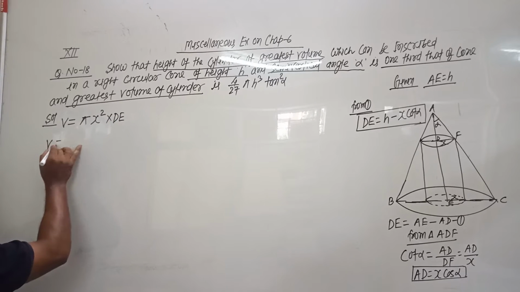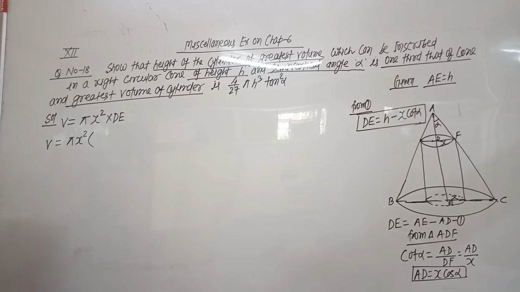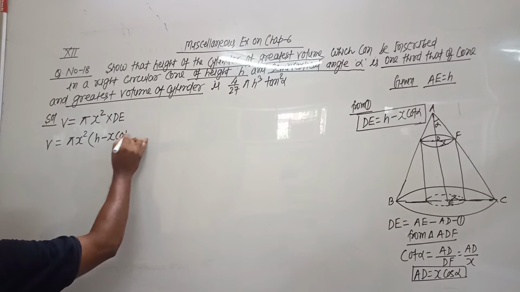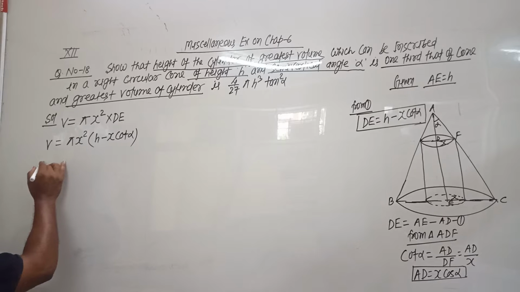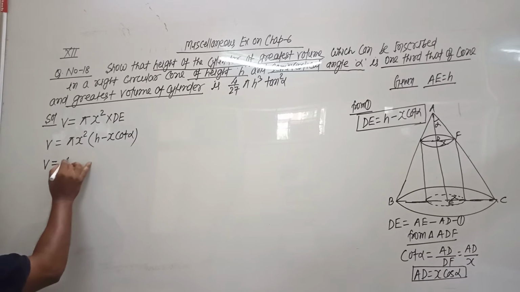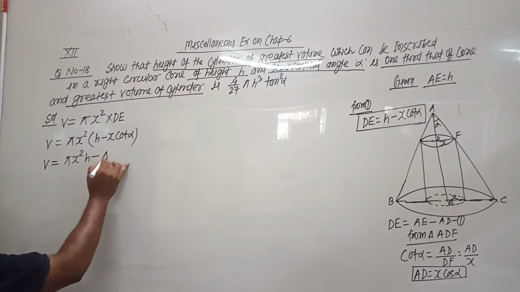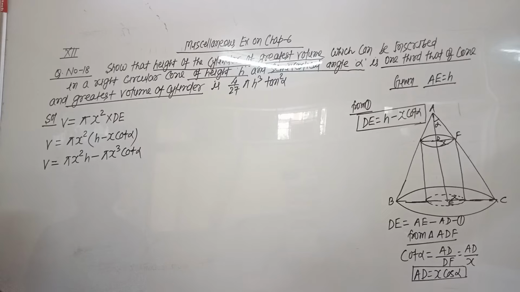So the volume is pi x square into h minus x cot alpha. Removing the bracket: pi x square h minus pi x cube cot alpha.